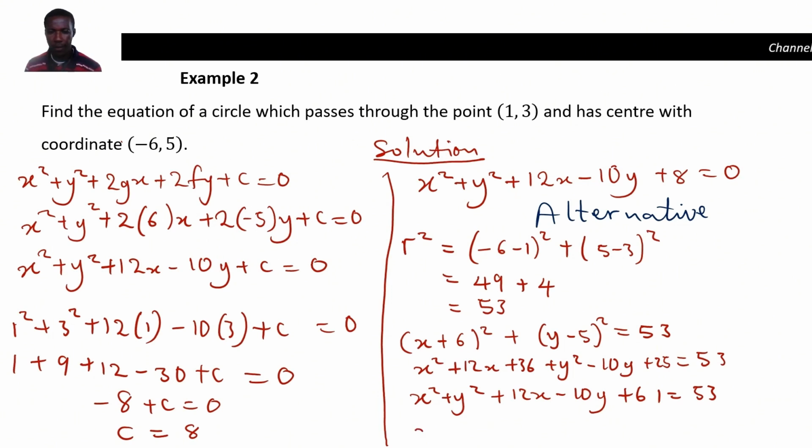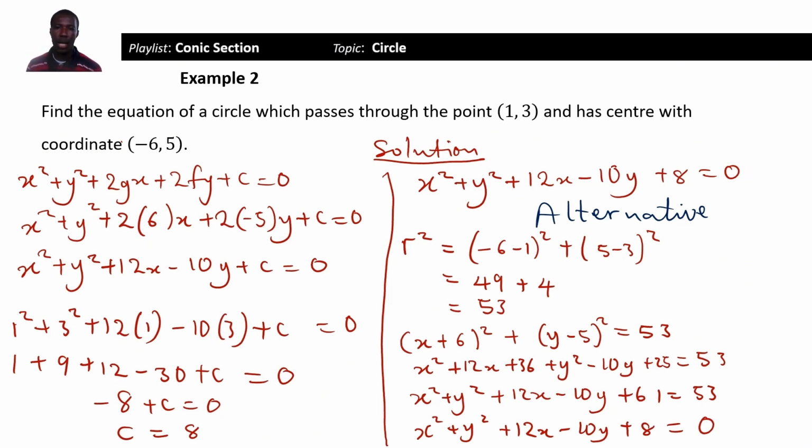So I have x squared plus y squared plus 12x minus 10y plus 8 is equal to 0. And that is the equation as required.